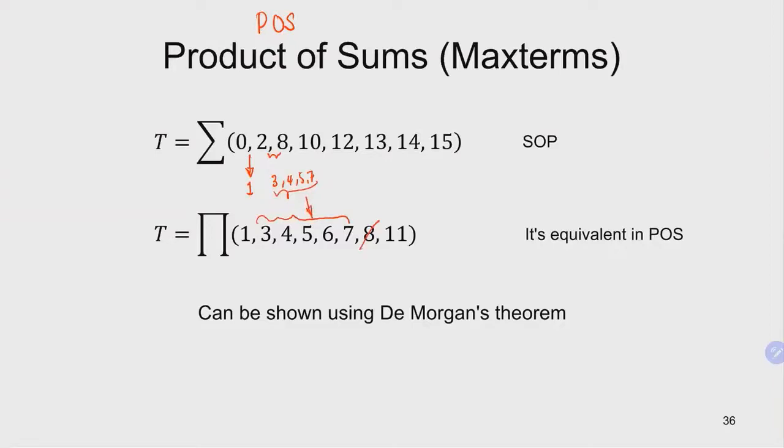Okay, so that is the equivalence of the sum of products mapping to the products of sum. And you can show this using De Morgan's theorem. I'm not going to do that here, but you can do it in your own time by applying De Morgan's to the sum of products, and you can show that that will be equivalent to these products of sum.